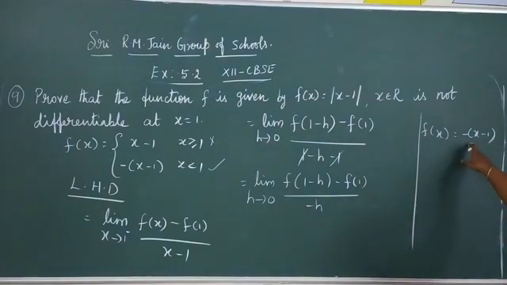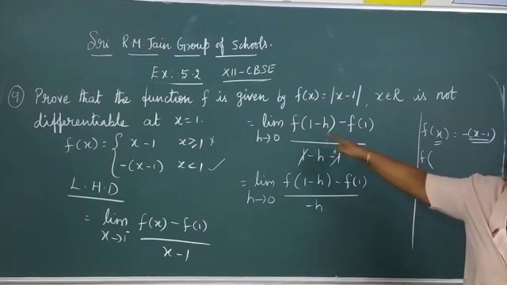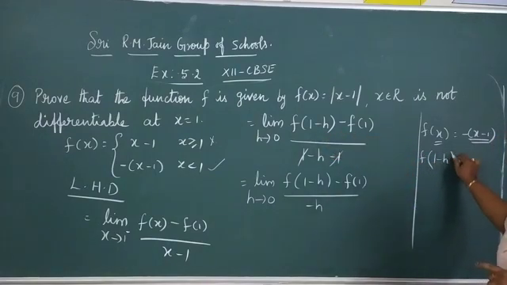Instead of x, what is the value here? 1 minus h. In the x place I can replace by 1 minus h minus 1, so plus 1 minus 1 get cancelled.